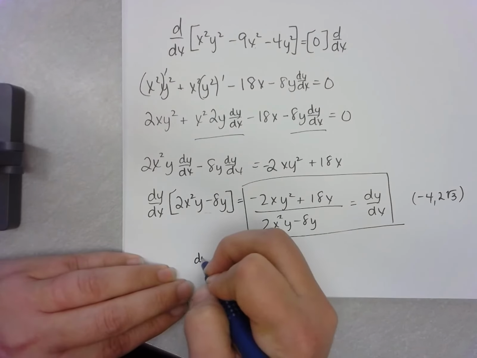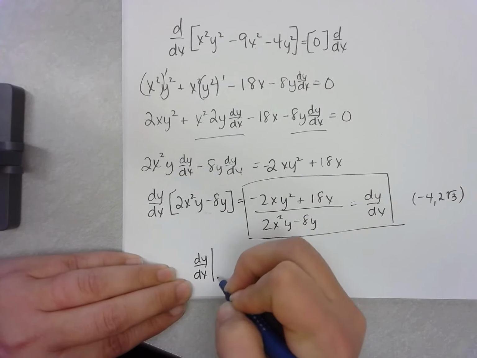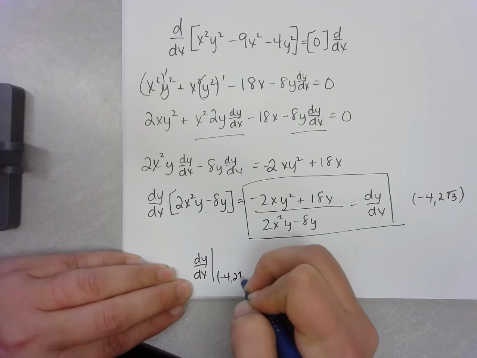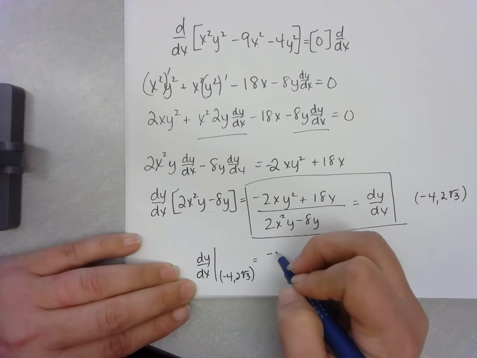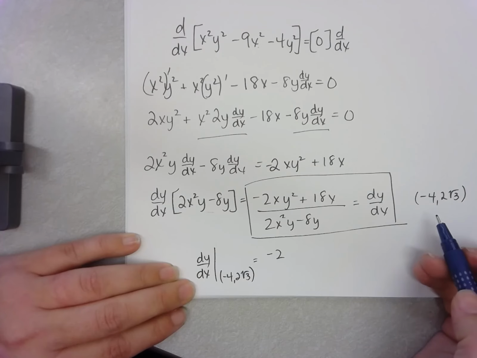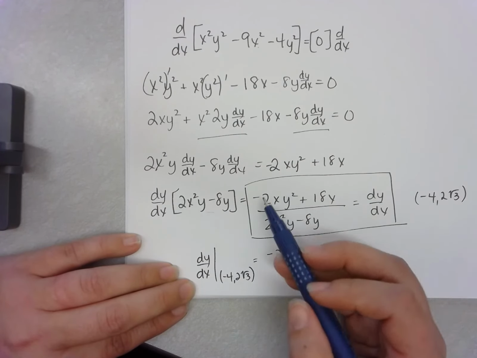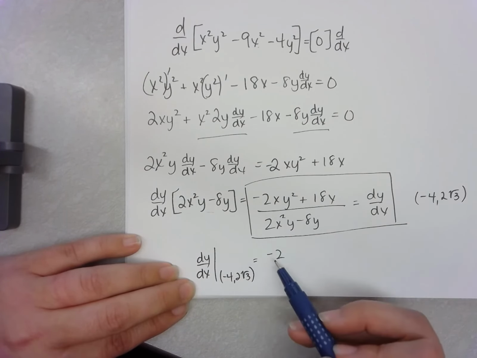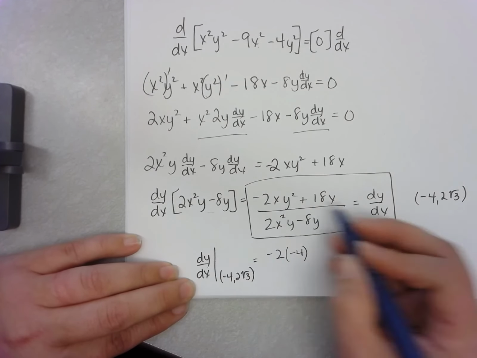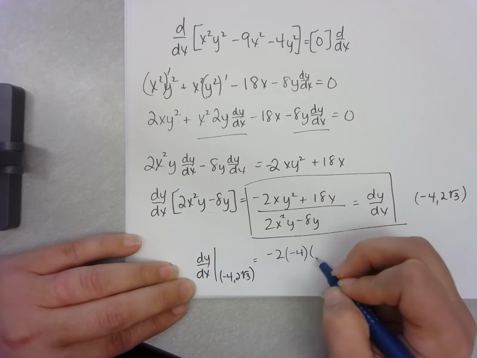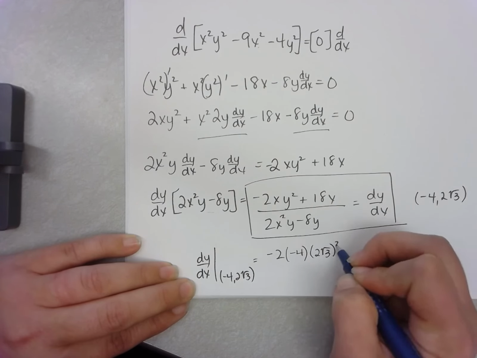So I'm going to write dy/dx at (-4, 2 radical 3) is equal to, all right, so I have negative 2. Sometimes I really have to talk to myself here about which one I'm putting in the right place. So then I have an x, so times negative 4, y squared is 2 radical 3 squared.